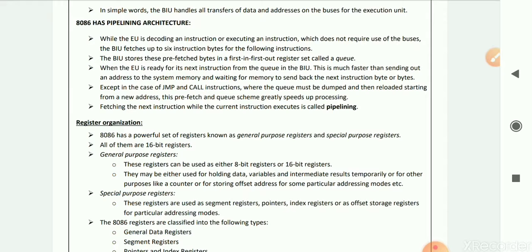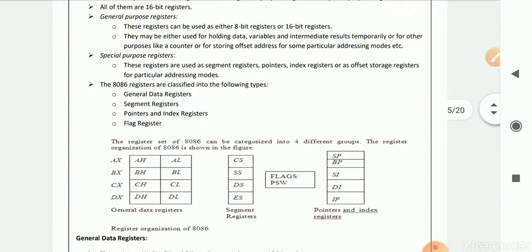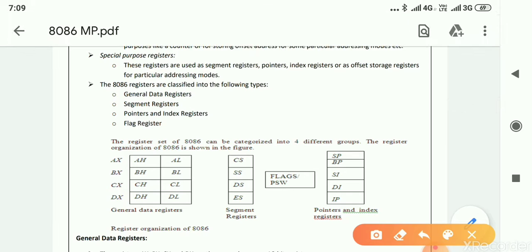8086 registers are classified into types: general data, segment, pointer, index, and flag registers. So you can see here the architecture of the registers, that is the 4 16-bit general data registers: AX, BX, CX, and DX.